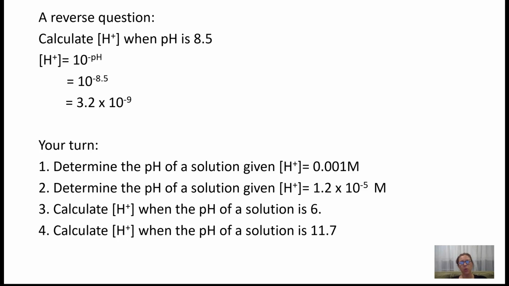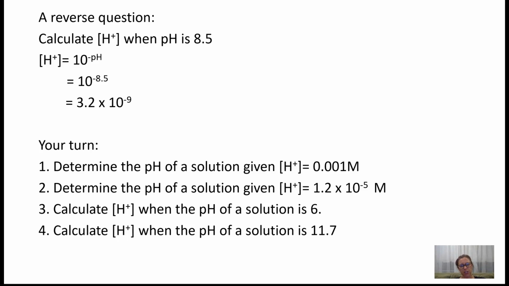So from that, we can calculate their hydrogen ion concentration. For example, using that formula again, the concentration of hydrogen ions is equal to 10 to the negative pH. In this case, our pH is 8.5, so it's 10 to the power of negative 8.5, and we get a hydrogen ion concentration of 3.2 times 10 to the minus 9.